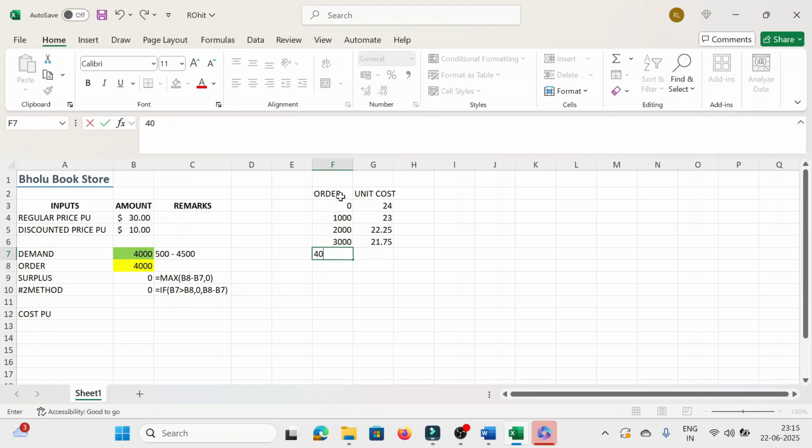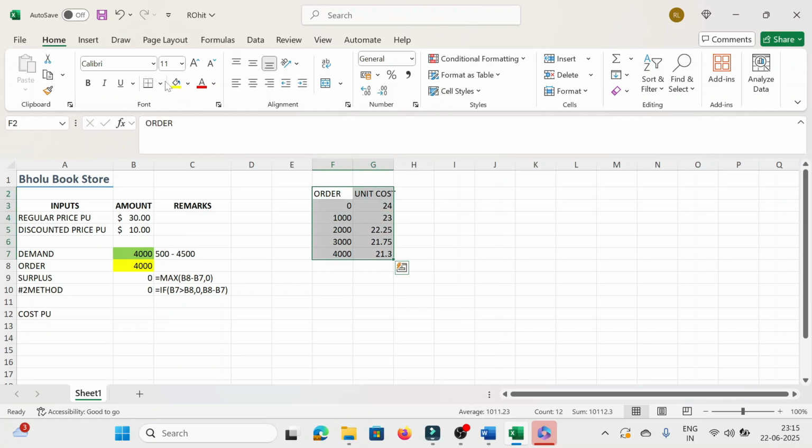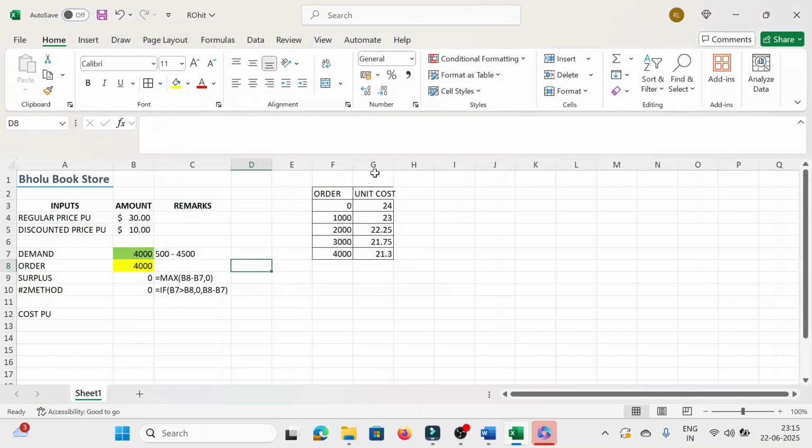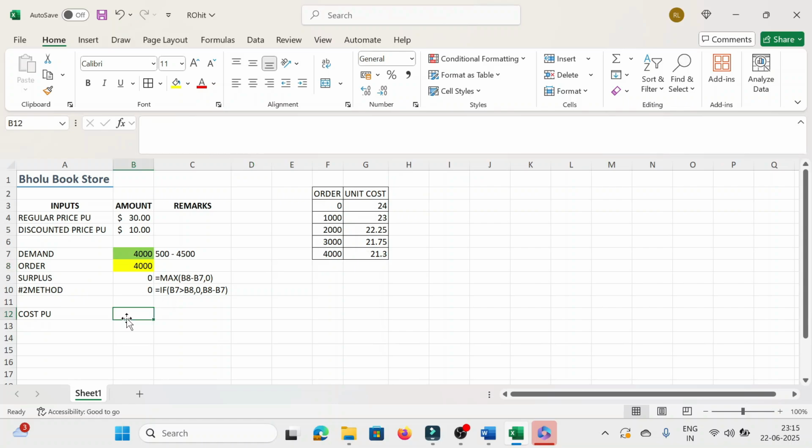And if it is 4000 or above, it would cost 21.30. So I will just highlight this table by giving borders, and you can see here this value plays a vital role. Now here cost per unit changes.